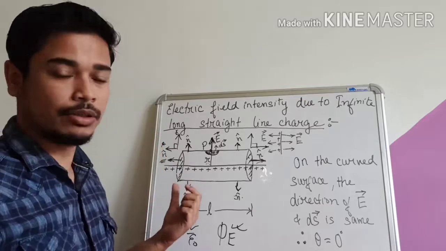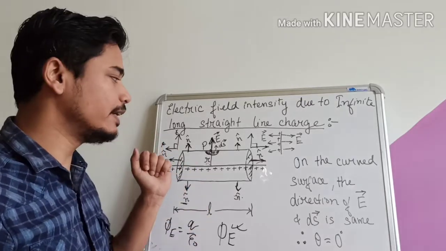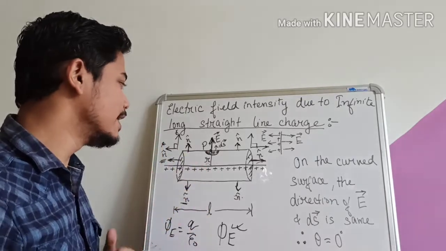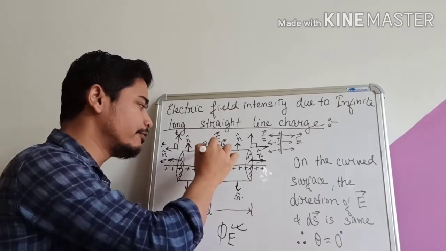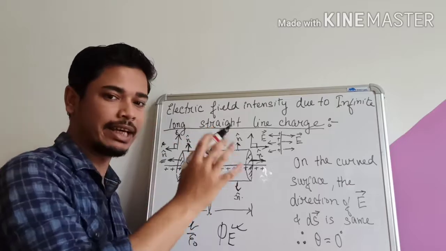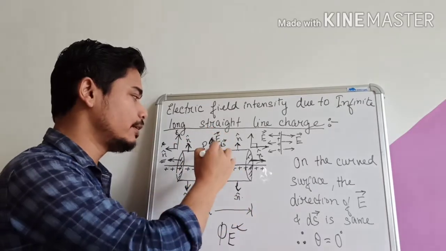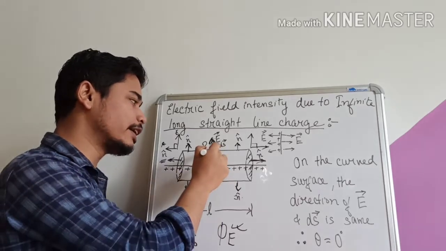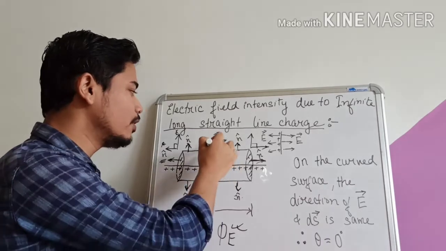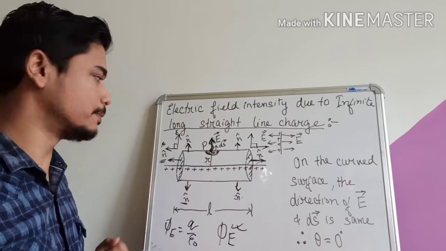What is the angle between the electric field and the area vector for the curved surface? If we consider the electric field at this point, that electric field would be along this direction. We haven't calculated the intensity yet, but we already know the direction, which is normally outwards.